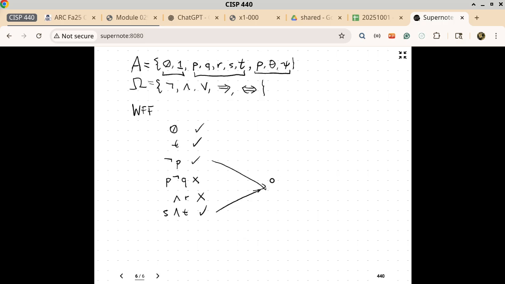If not P is well formed, what about the disjunction between not P and the other one, which is S and T? Not P or S and T. Yep, that makes it well formed too. Are we good so far? Yep, go ahead.